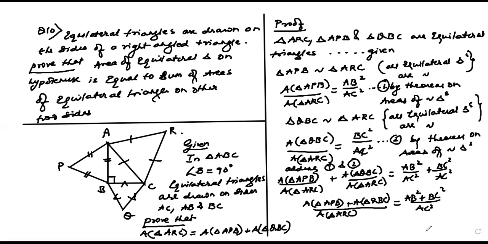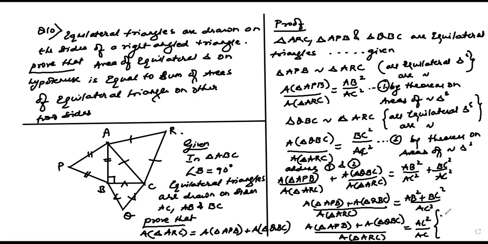Now what is happening, children? Please have a look at this. AB square plus BC square is nothing but AC square by Pythagoras theorem. So area of triangle APB plus area of triangle QBC upon area of triangle ARC is equal to, can I say, AC square upon AC square?